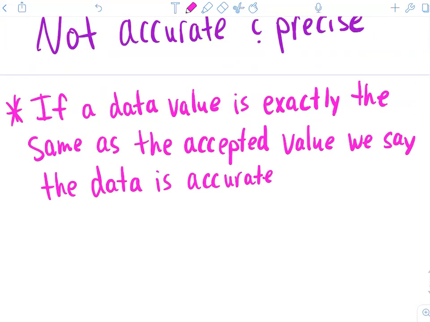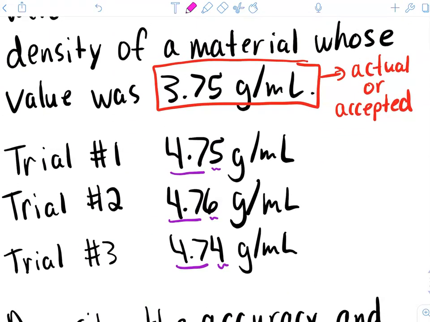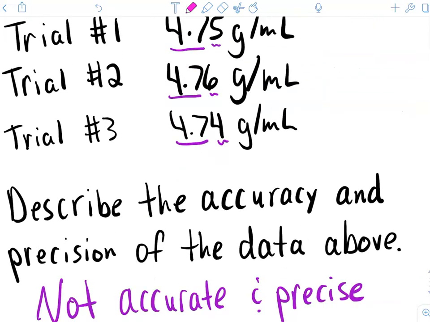So, for example, if one of these pieces of data for trial 1, 2, or 3 had been 3.75, we would have said the whole thing was accurate. Even if the other ones had been 4.76, whatever, if you have one data point that is the same as your actual or accepted value, then you automatically say that it is accurate.